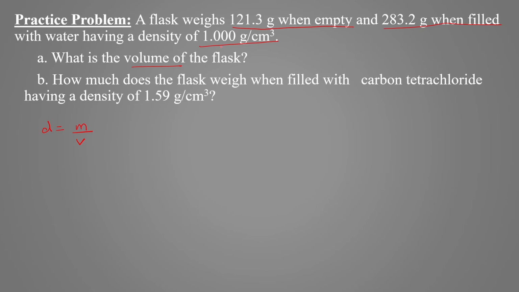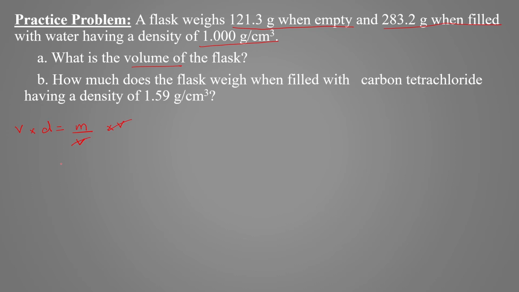Density is already given. So it means that you have to do some equation rearrangement, or you have to move this volume from here to the other side of the equal sign. Right now this volume is in the division. We can do the opposite operation, multiply on both sides of the equal sign.